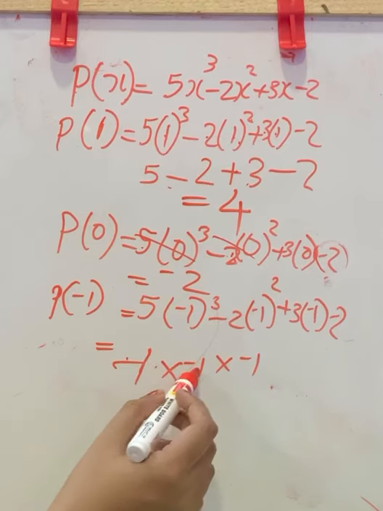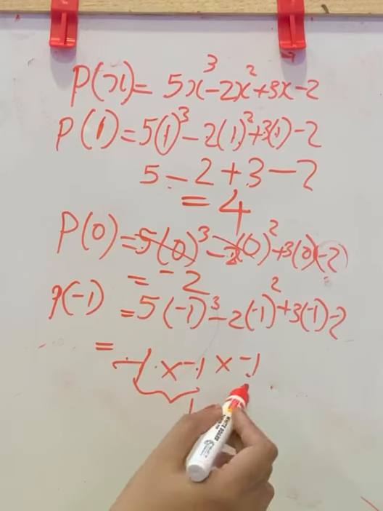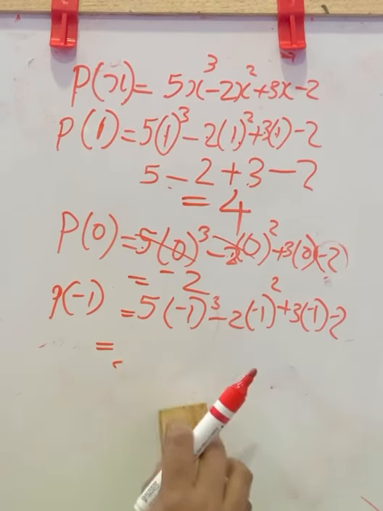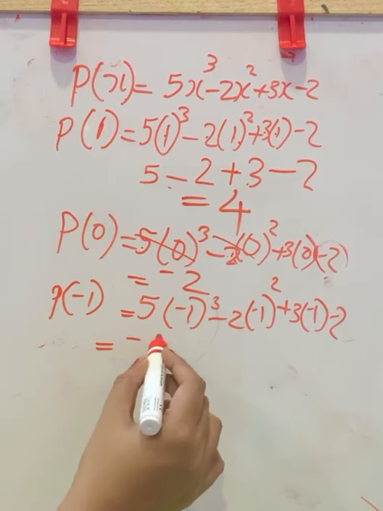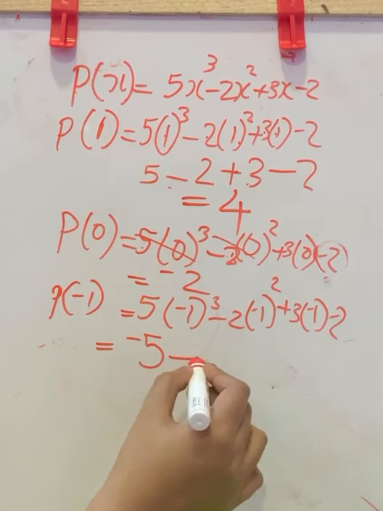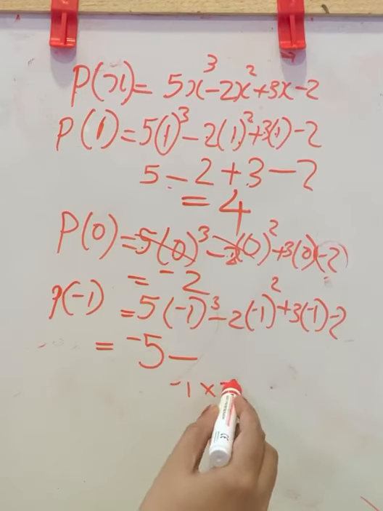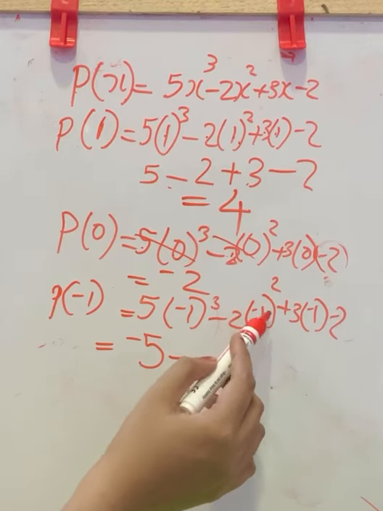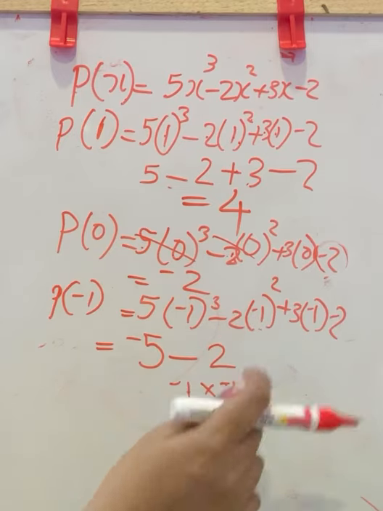Negative 1 into negative 1 is positive 1, and positive 1 into negative 1 is negative 1. So negative 1 cube is negative 1, and negative 1 into 5 is negative 5. Minus, here negative 1 square is negative 1 into negative 1, which is positive 1, since negative into negative is positive. Positive 1 into 2 is 2.